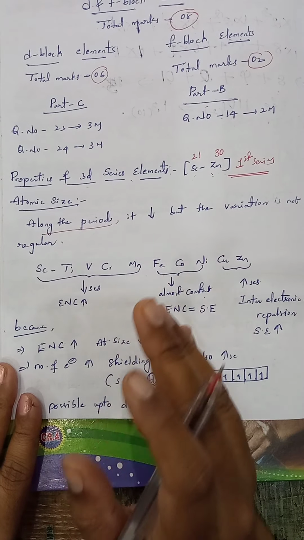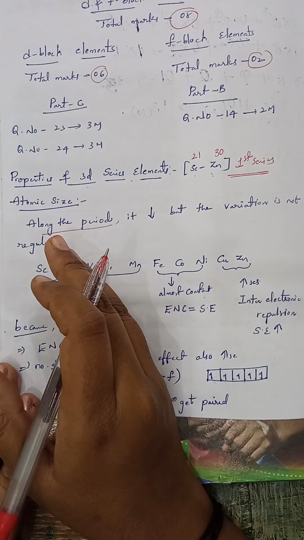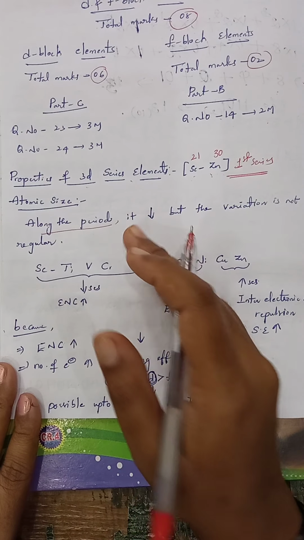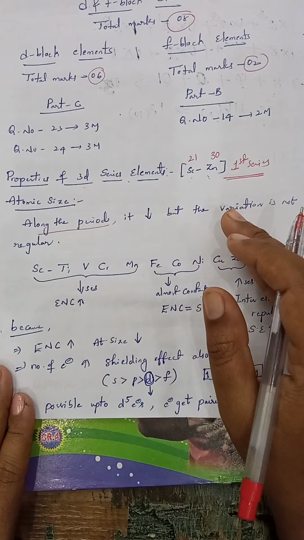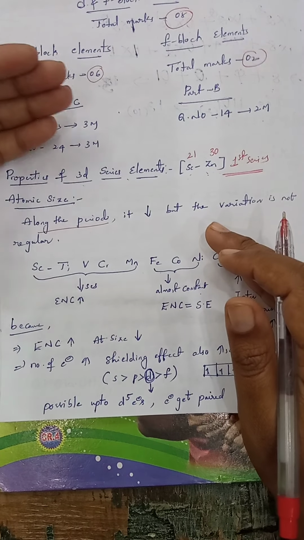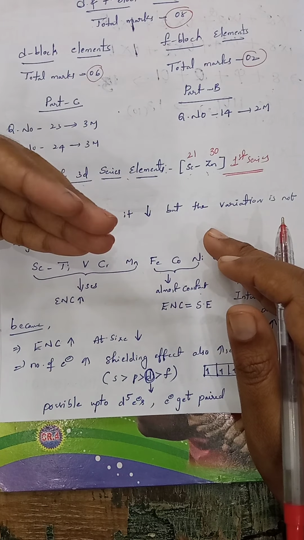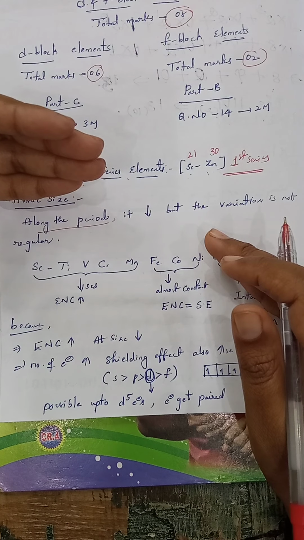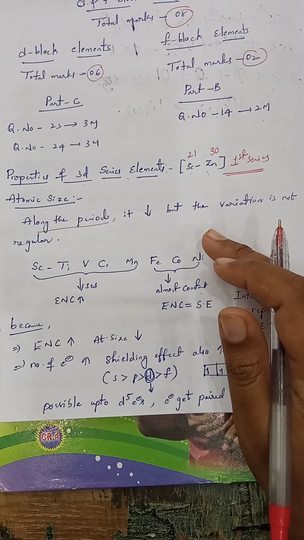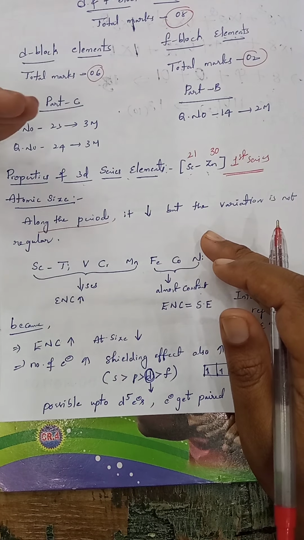I am very sorry, listen carefully. Along the period, always atomic size increases with increase in the atomic number, because once the number of electrons increases, the entering of electrons in different subshells also increases, and automatically their size also increases.